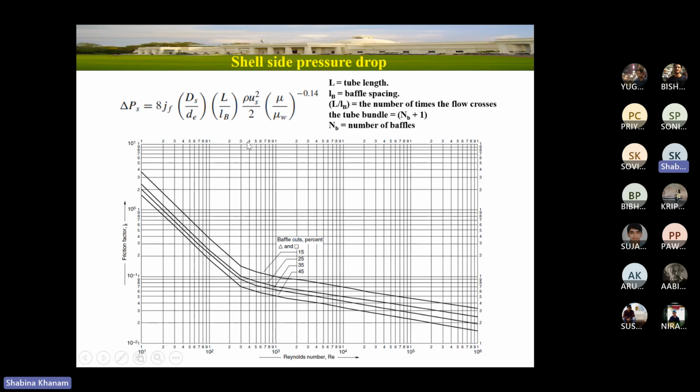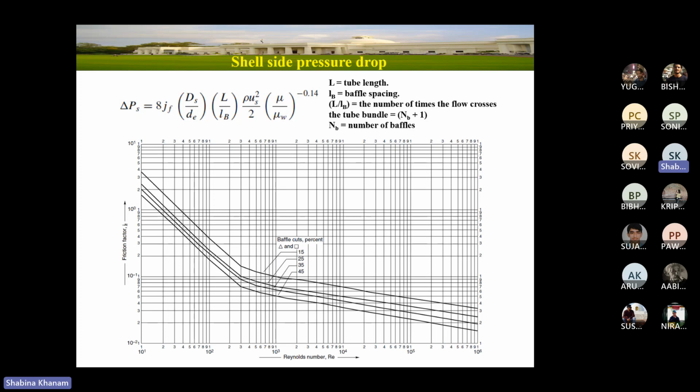Here we have this LB. LB is the baffle spacing, and you can find it out from the number of baffles plus 1.